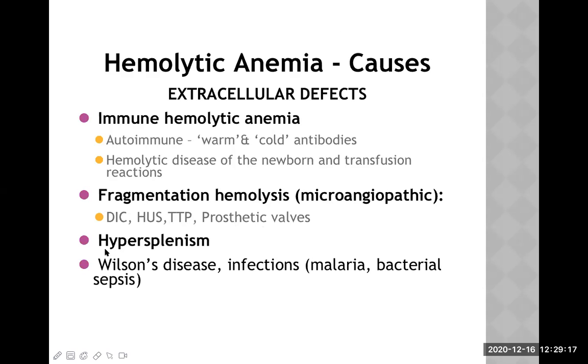Another important cause is hypersplenism. Now, the meaning is the spleen is overactive or hyperactive in this condition. Usually, the spleen is bigger in size, okay? And apart from the size, which is bigger, the spleen is over-functioning.